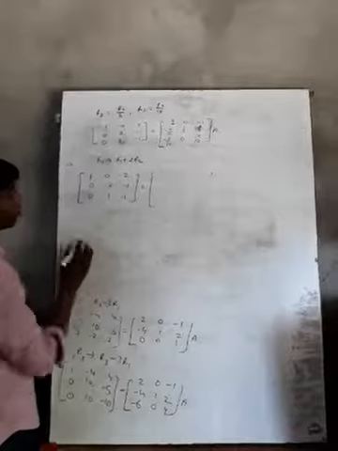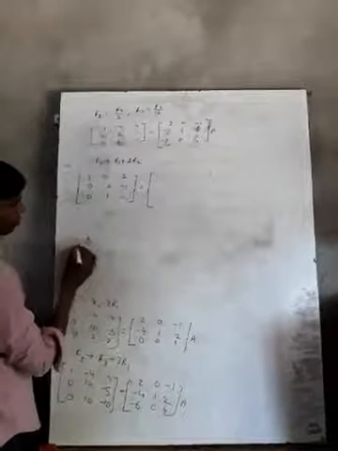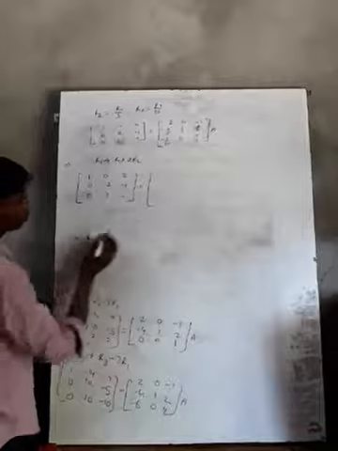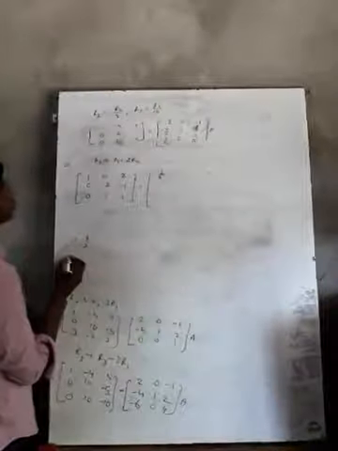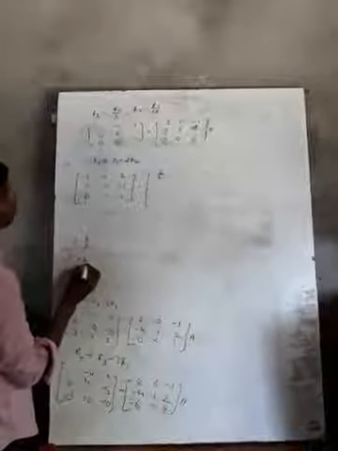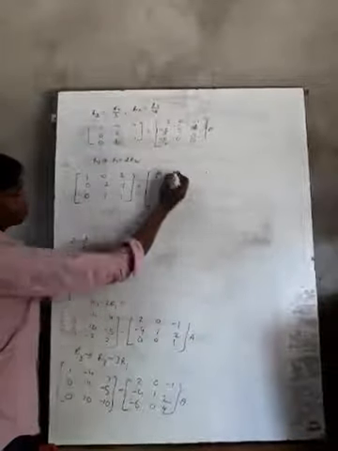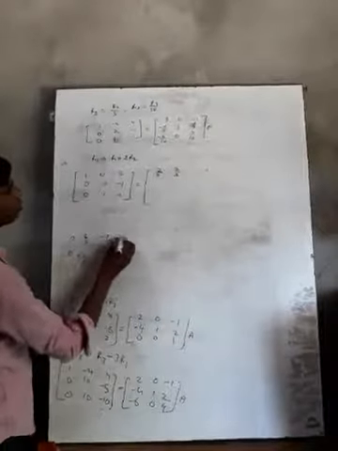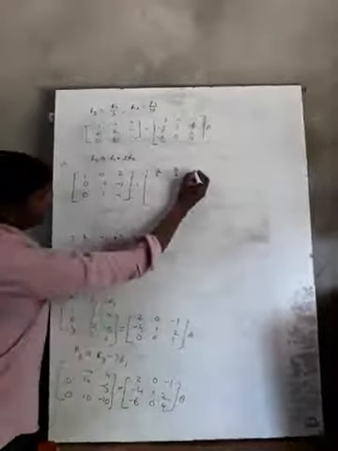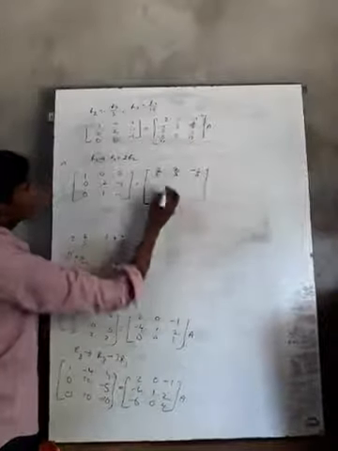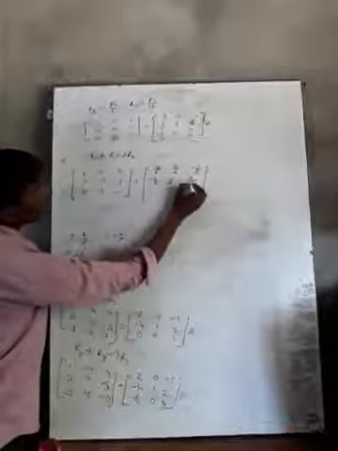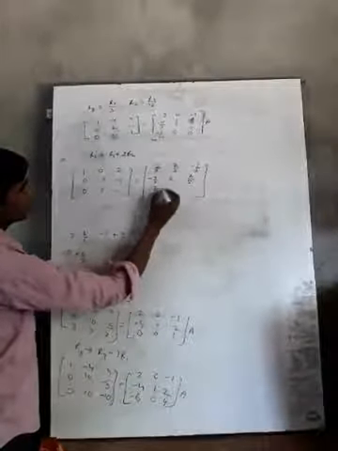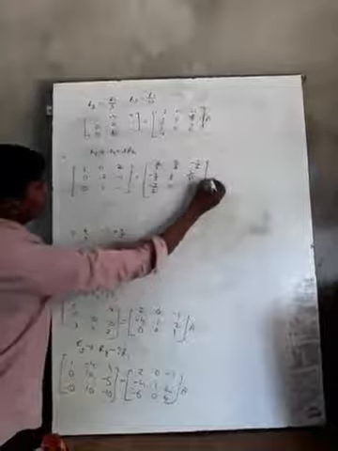It will be 10, 2 upon 5, 0 plus 2 upon 3, 2 upon 5. Again 2 upon 5. Minus 1 plus 4 upon 5, so it will be minus 1 upon 5. Minus 4 upon 5, 1 upon 5, 2 upon 5, minus 3 upon 5, 0, 2 upon 5, A.